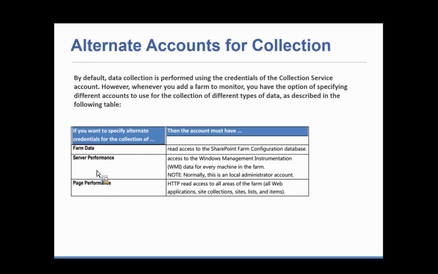For the meat and potatoes, the server performance, the actual metric data, whatever account we specify has to have access to the Windows Management Instrumentation data for every machine in the farm. Note, normally, and I'm going to stress normally here, this is a local administrator account. If you give this account local admin on all your SharePoint farm servers, we should be able to get the data we need.